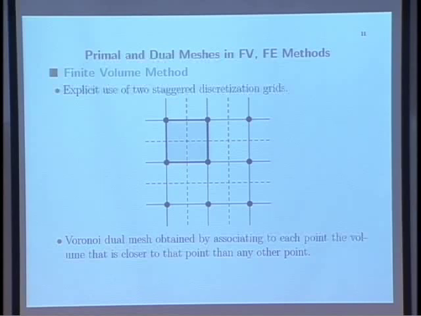As it turns out, implicit in this numerical scheme is a staggered mesh. So you have a primal mesh, and then there are meshes which are in some sense complementary to that, and you put certain pieces of information in one or the other.